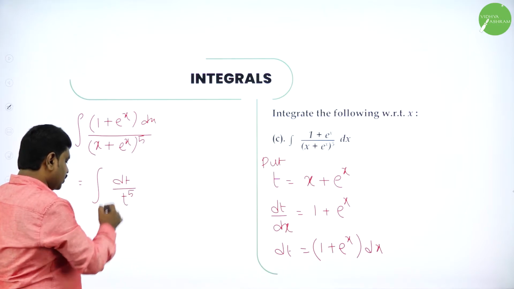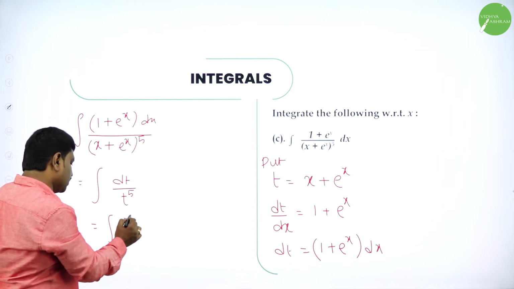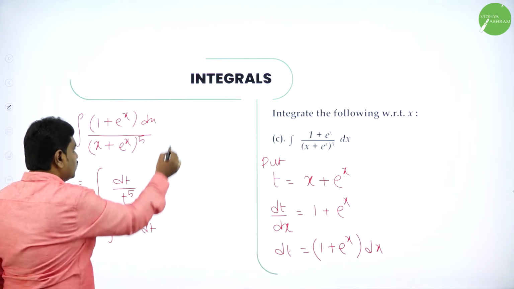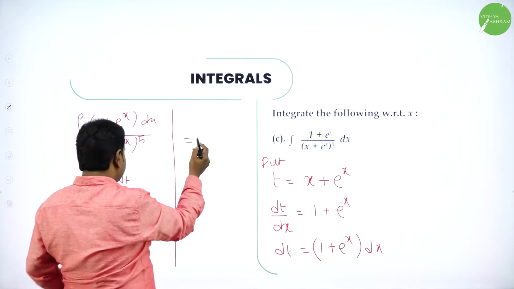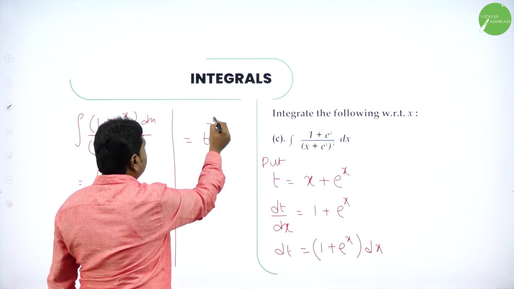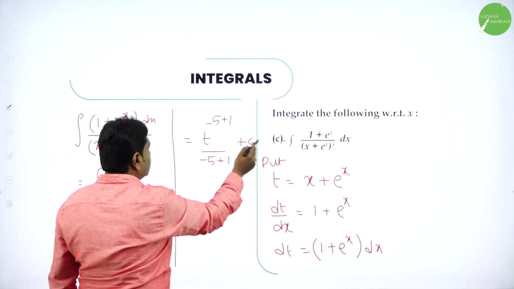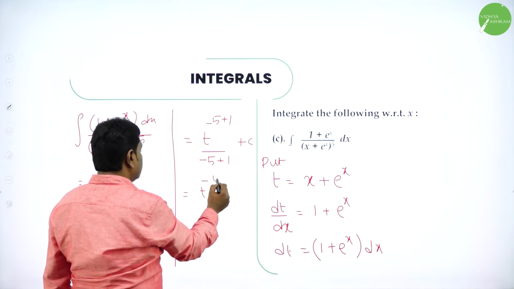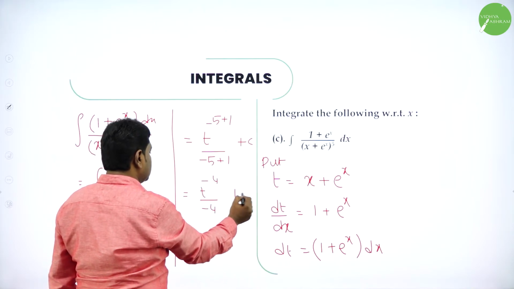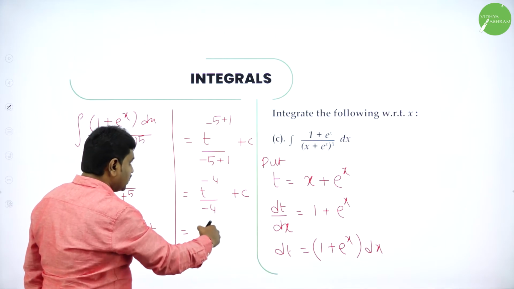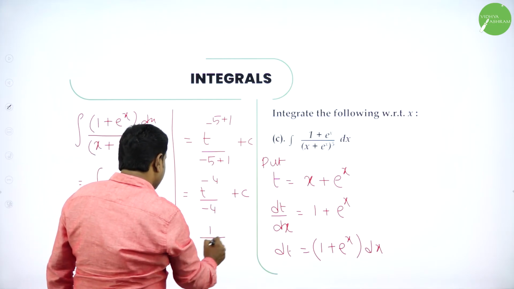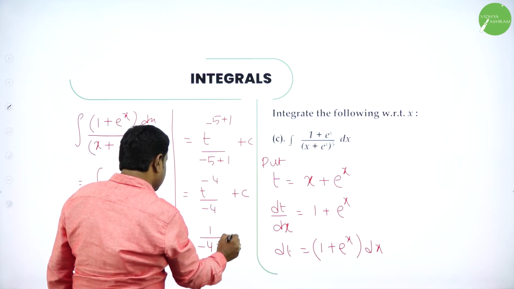So take t power 5 to numerator, it will become integration of t power minus 5 dt. Further simplify, integration of t power minus 5 is t power minus 5 plus 1 by minus 5 plus 1 plus c, that is t power minus 4 by minus 4 plus c. Rearrange, transfer it to this side. So minus 1 by 4 t power 4 plus c.